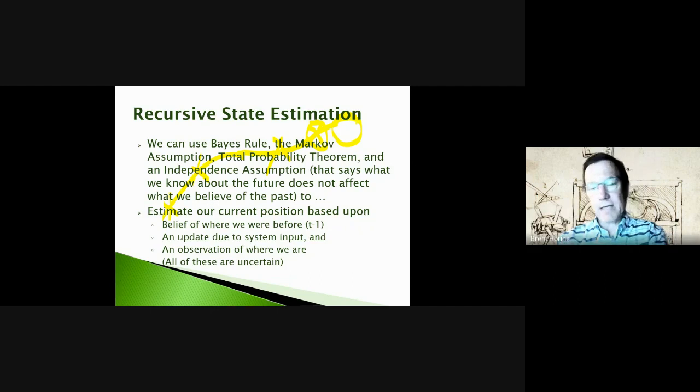In many cases, not all, but in many cases. I might have come from this direction. If I just want to know this based upon this and maybe this transition, I don't really care how I got there. That's essentially the Markov assumption or approximation. So we're going to assume that these are Markov systems and that we don't really care about yesterday.